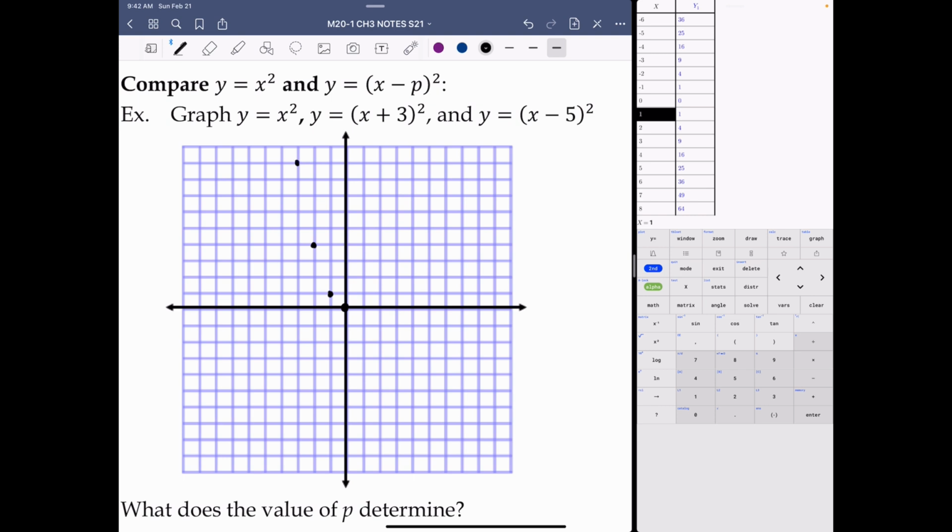When x is 1, squared is 1. When x is 2, squared is 4. When x is 3, squared is 9. Join the points together. And that is the graph of y equals x squared.